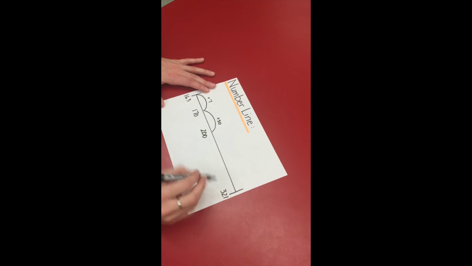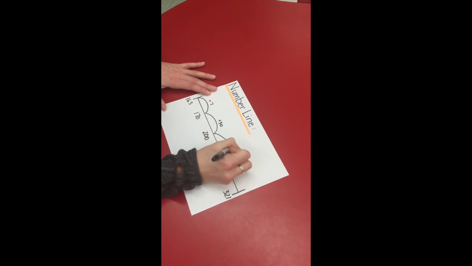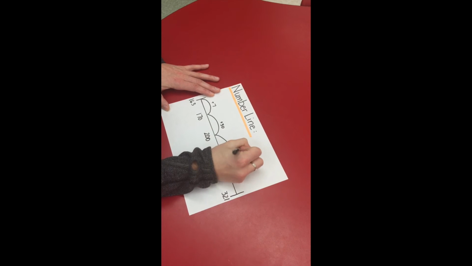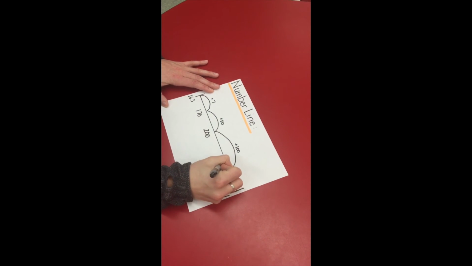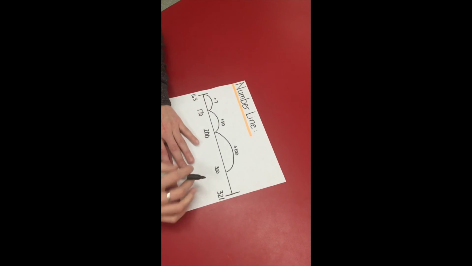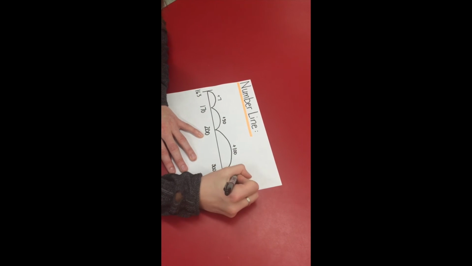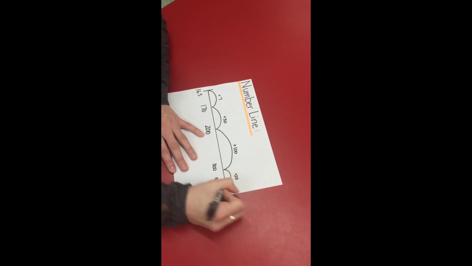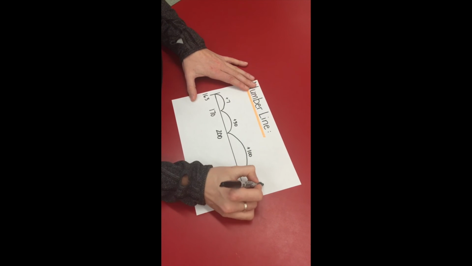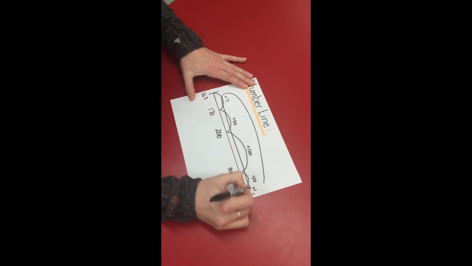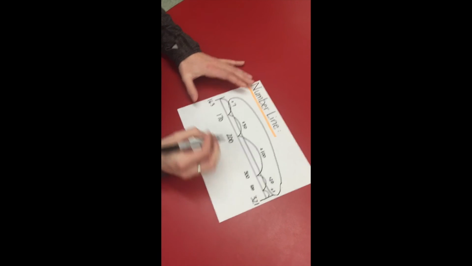Then 200 to 300, I can get plus 100 to make it 300. To make it easy, I can add 20 plus 20, and I am left with plus 1 to equal 321. So the final step is to add these numbers up.